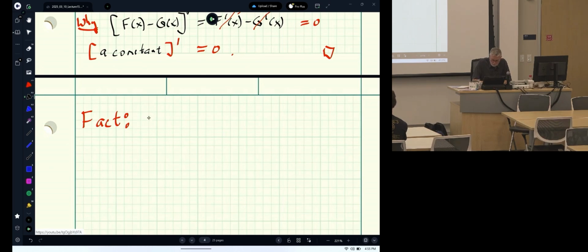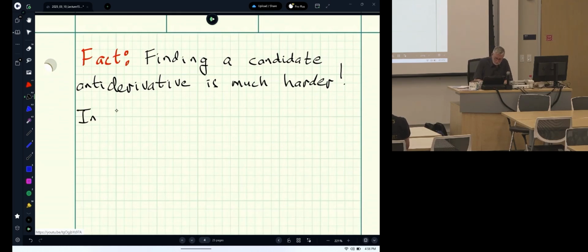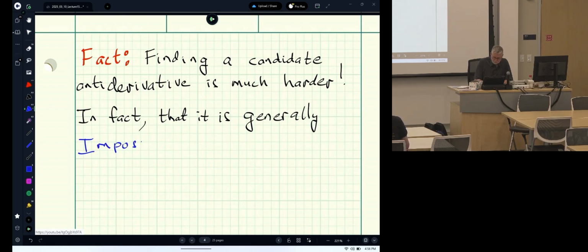But finding a candidate antiderivative when it's not given to you is a different matter, and it's a fact that it is generally impossible to find one within the class of elementary functions.